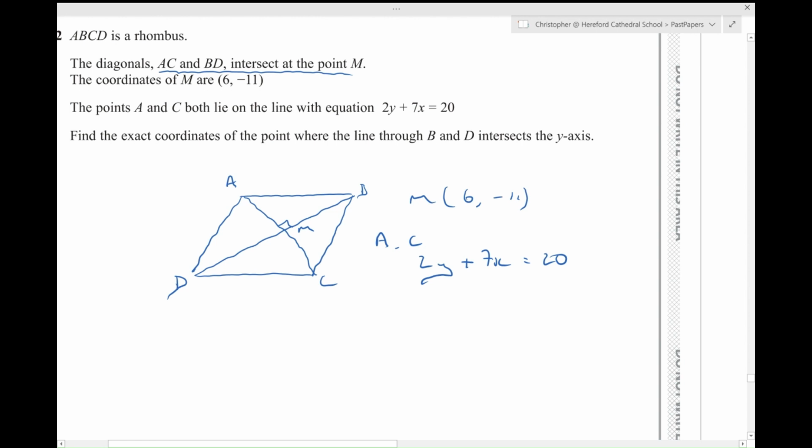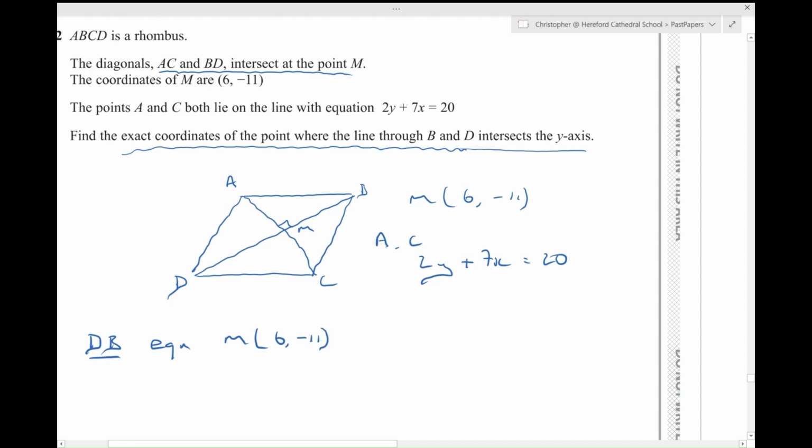And I'm asked to find the exact coordinates of the point where the line through B and D intersects the y-axis. So I'm going to need to find the equation of the line that runs between D and B. I'm going to need the equation of that line. So I'm going to need a point on the line. Well, I already know that M lies on the line. And I'm also going to need to know its gradient.